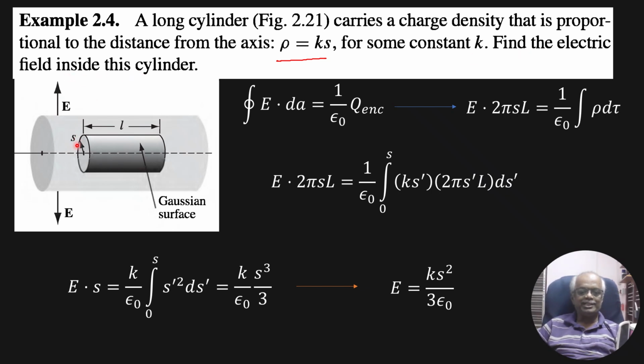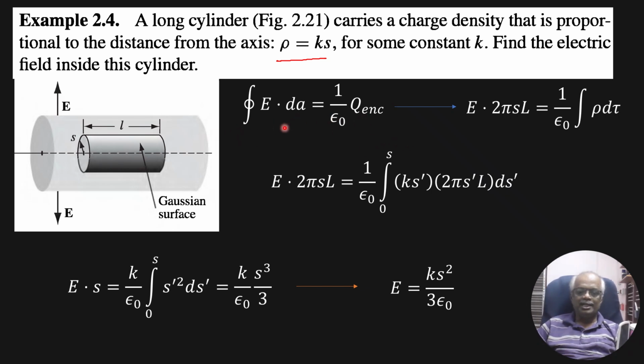Now you take the Gaussian surface inside this cylinder with radius s and small length L. This is the Gaussian surface. We have to find the electric field. So from Gauss theorem, the surface integral of E dot dA is equal to 1 over epsilon naught times the charge enclosed.